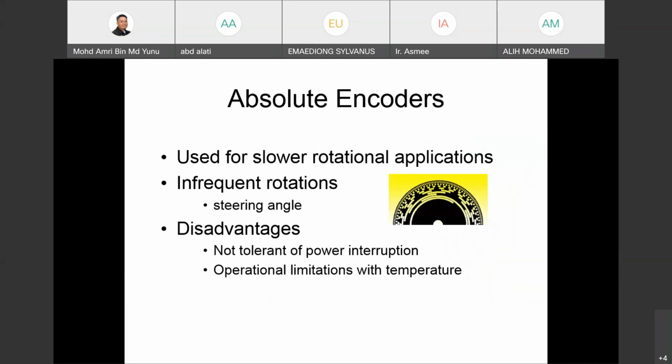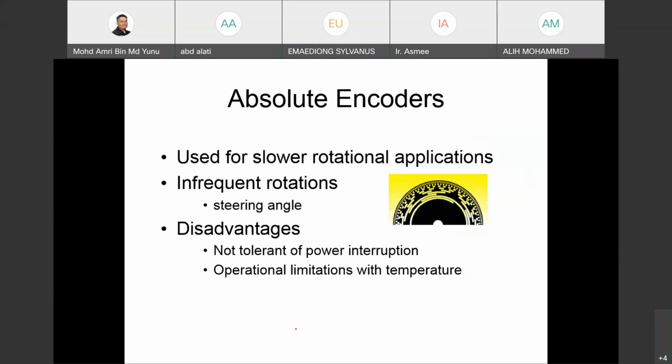And we have an absolute encoder, because it has a much more integrated design. It is for slower rotational applications and also infrequent rotation, like steering angle.